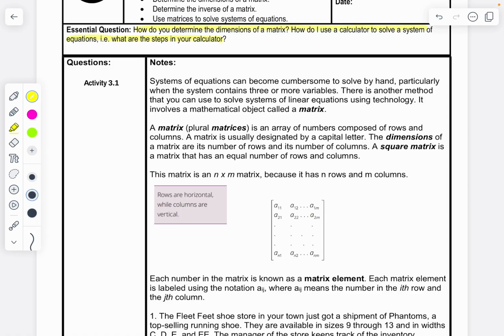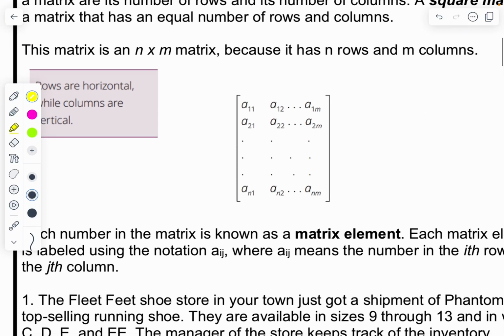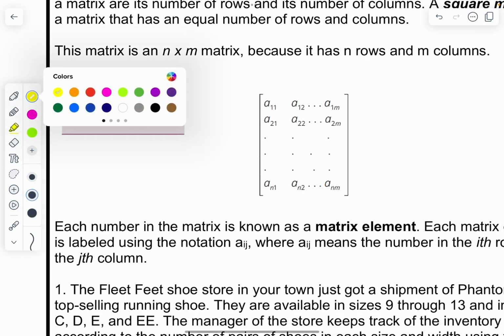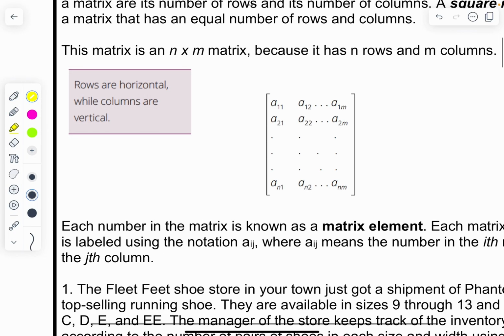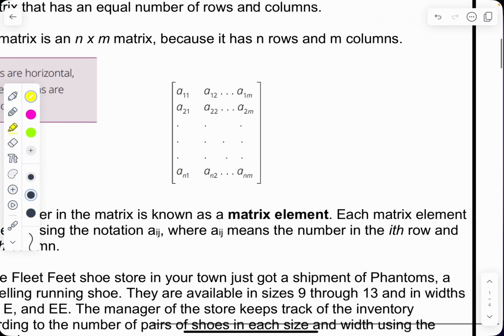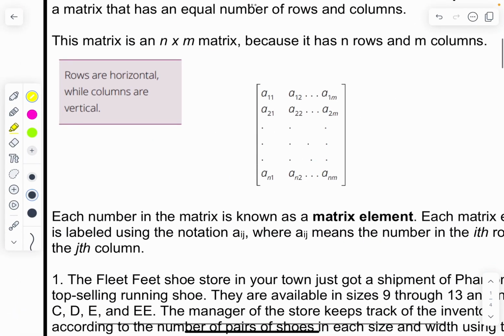So, if we're looking at this picture, what this tells us is that rows are horizontal and columns are vertical. So our rows in this case are horizontal. This is a row, this is a row, this is a row.